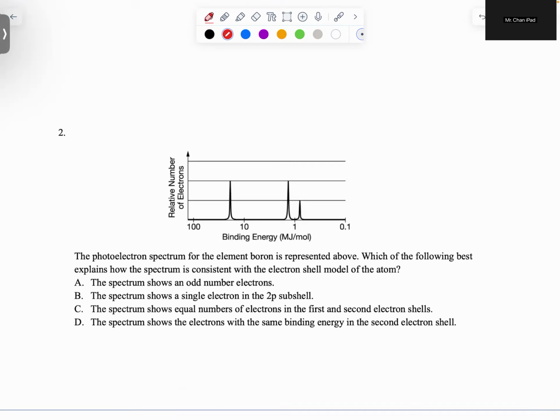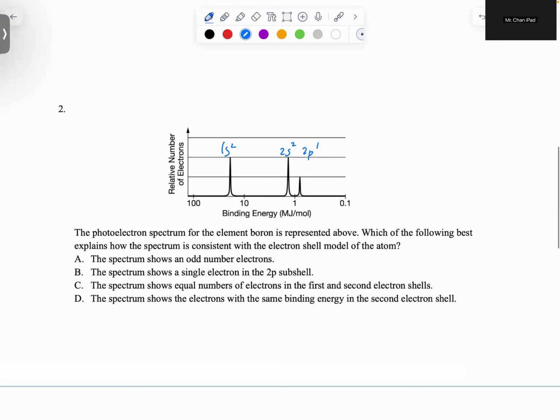The photoelectron spectrum for the element boron is represented. So I can see how it is 1s2, 2s2, 2p1, right? Atomic number 5, 5 total electrons. Which of the following best explains how the spectrum is consistent with the electron shell model of the atom? A, it shows an odd number of electrons. Looks pretty good. B, the spectrum shows a single electron in the 2p subshell.